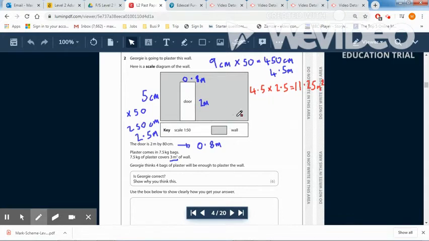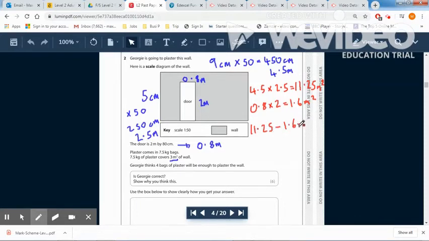And then we need to take away the area of the door. So the area of the door, we'll find first of all, it's 0.8 times 2, which is going to give us 1.6 meters squared. And then we need to take away the area of the door from the area of the whole wall.